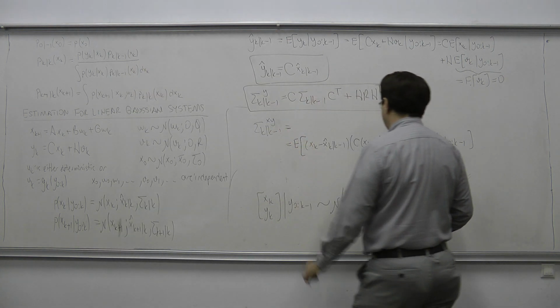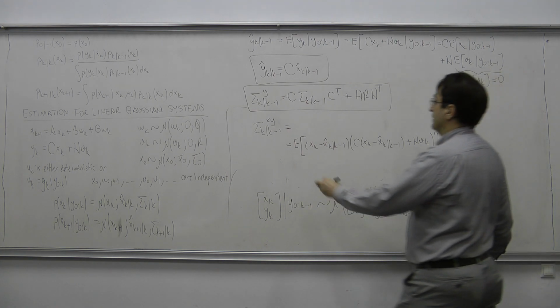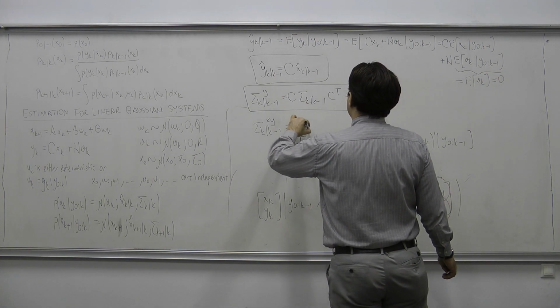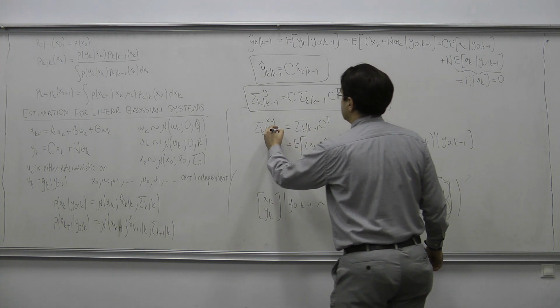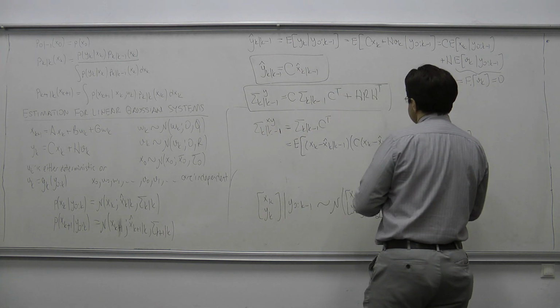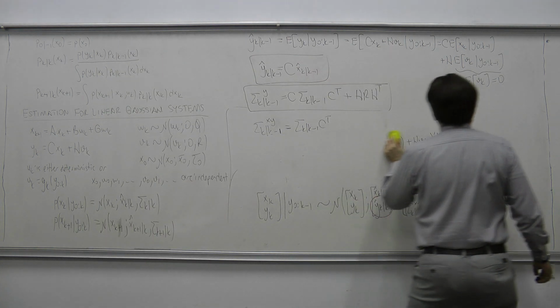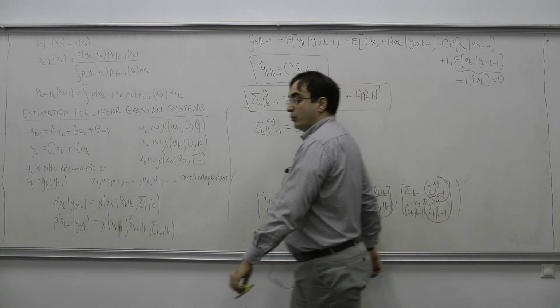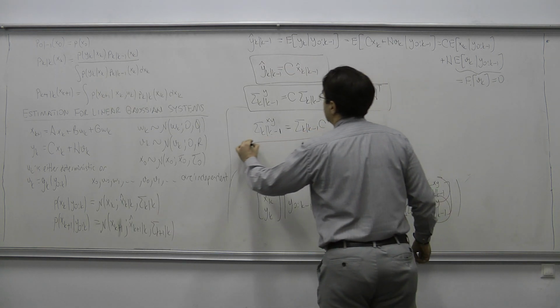This is the cross correlation of xk and yk given y0 to k minus 1. So it should be sigma k given k minus 1 times C transpose. Okay? And this is our third unknown quantity, the final unknown quantity.